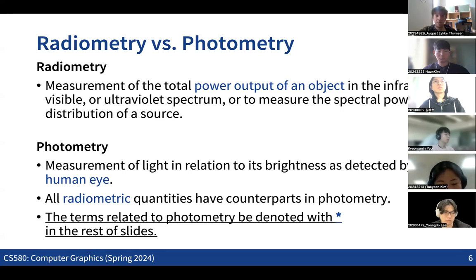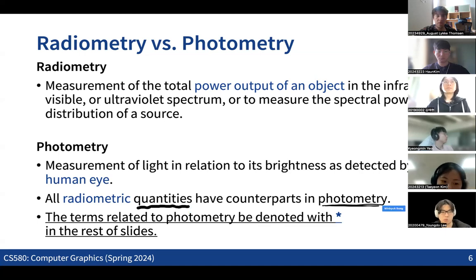So photometry is all about the brightness, and radiometry is all about the power delivered by the light. But for all the quantities defined in radiometry, we are going to see that there are counterparts defined in photometry. You can see these different names indicating similar things. So those are the basic things.